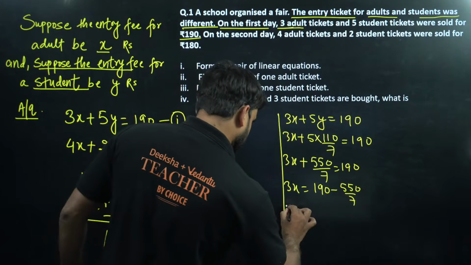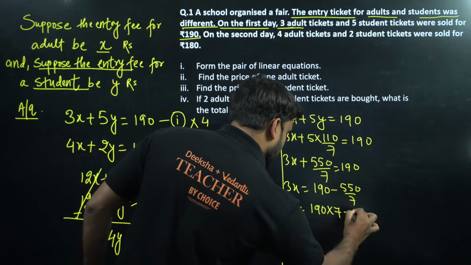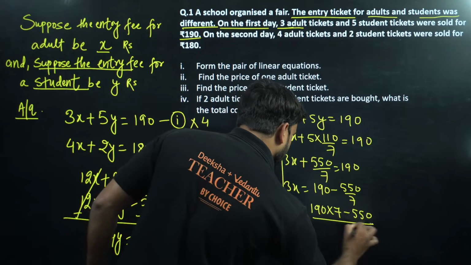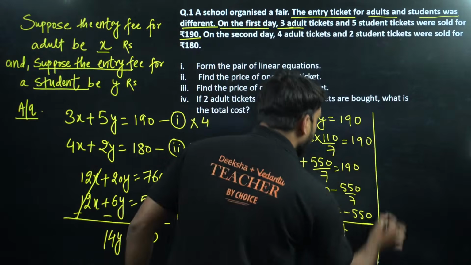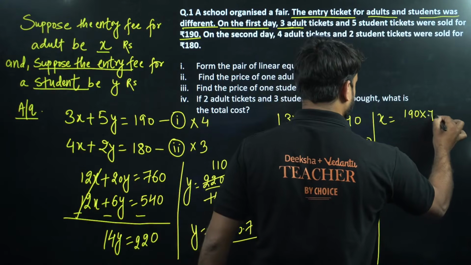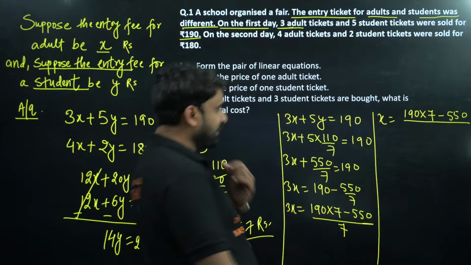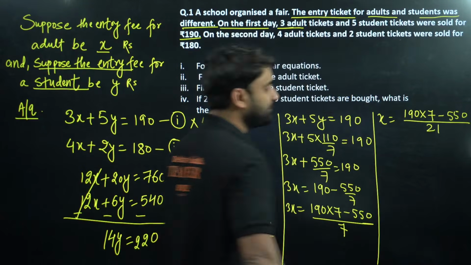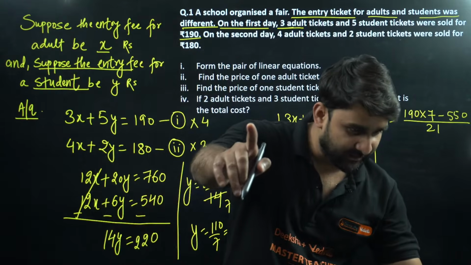So let's solve this. 3x is equal to 190 into 7 minus 550 divided by 7. Okay, so 3 will also go there because we are calculating here x. So 190 into 7 minus 550 divided by 7 into 3 will be 21. Just solving this, you can get the value of x. I hope everything is clear.